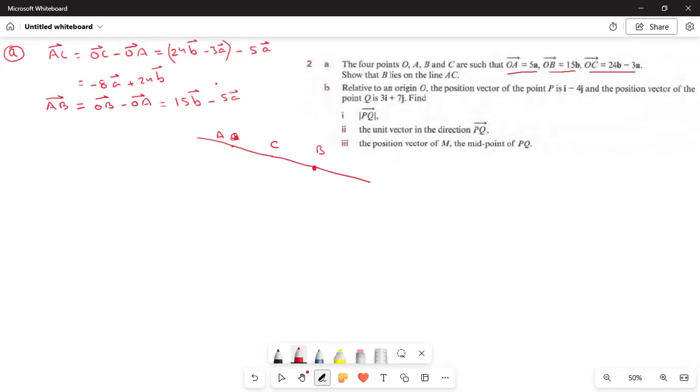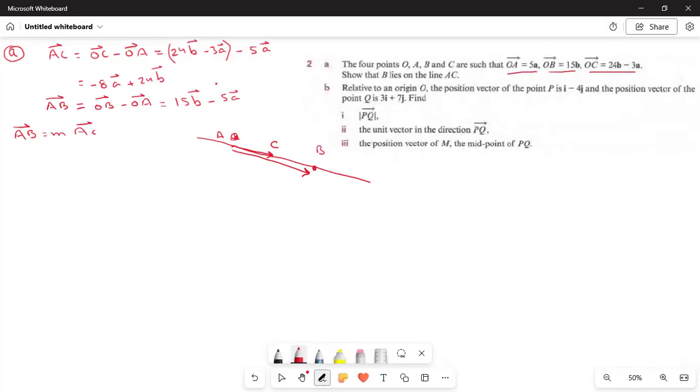If it is true, then the AC vector and AB vector have the same direction, just the magnitudes are different. So this is what I want to say, that AB should be equal to some constant m times AC.